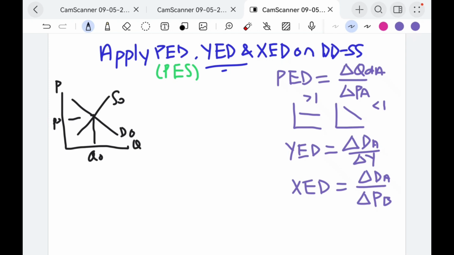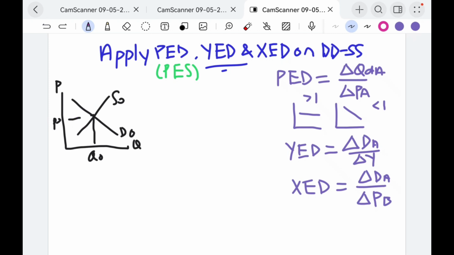So usually when you are not using elasticity concepts, you will at best say, okay, because of certain reasons, my demand increase or my supply increase, or it could be my demand decrease, my supply decrease, whatever, based on what the question says.